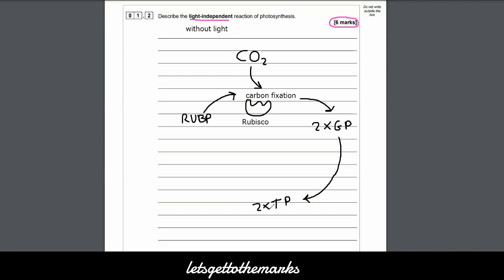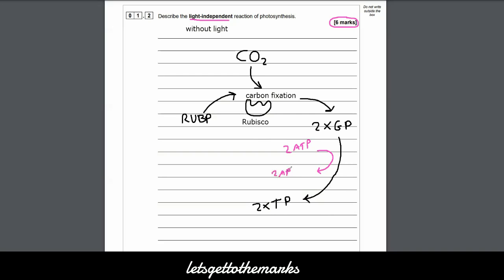So in order to reduce GP, it gets turned into TP, which is triose phosphate. Both GP and triose phosphate TP are 3 carbon molecules. So you have 2 lots of 3 carbon. They are reduced by adding hydrogen and electrons, which come from reduced NADP, and energy from ATP.